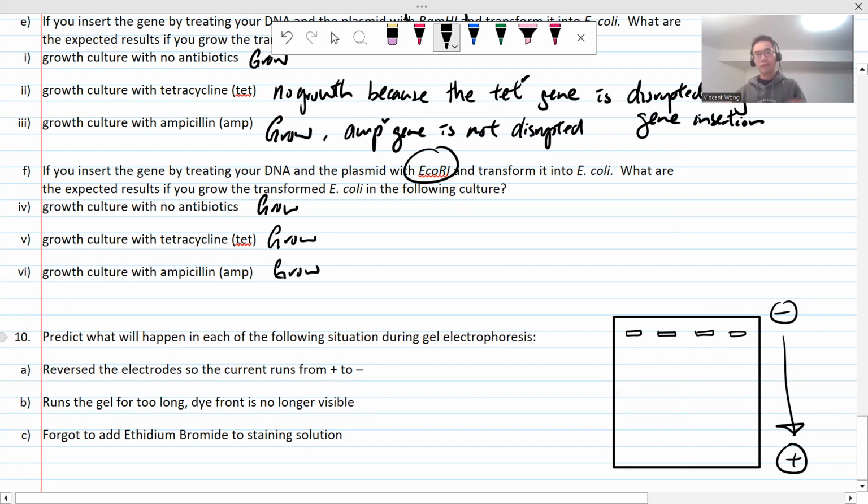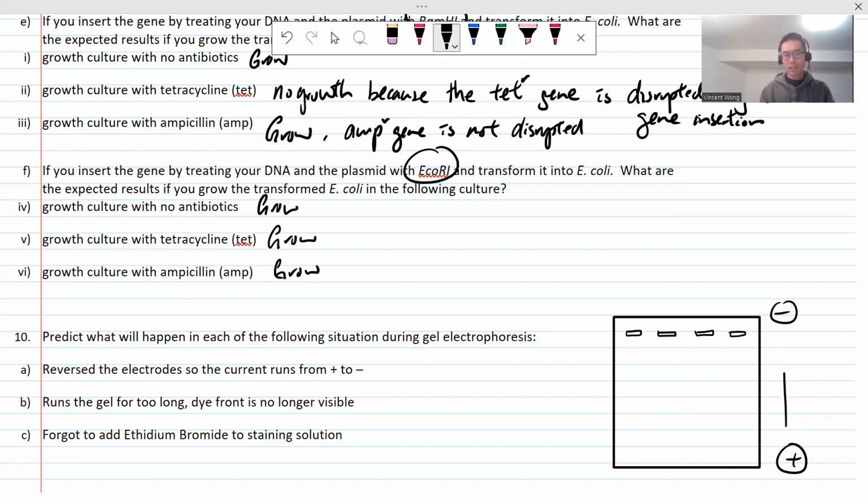You plugged it in wrong, even though they're color coded, right? Red goes into red, black goes into black, but let's say the person made a mistake, they switched it. So now the current goes this way. What will happen? Well, the DNA is going to get pushed upwards, right? It will exit the gel at the top, right?